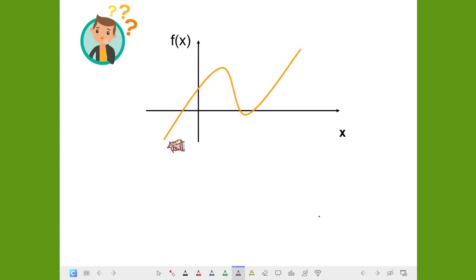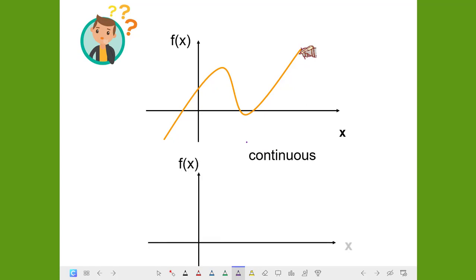If you draw the graph like this, then this one is considered continuous. And the second graph, draw it, is also considered continuous. Why? Because we can draw the graph without lifting the pen.